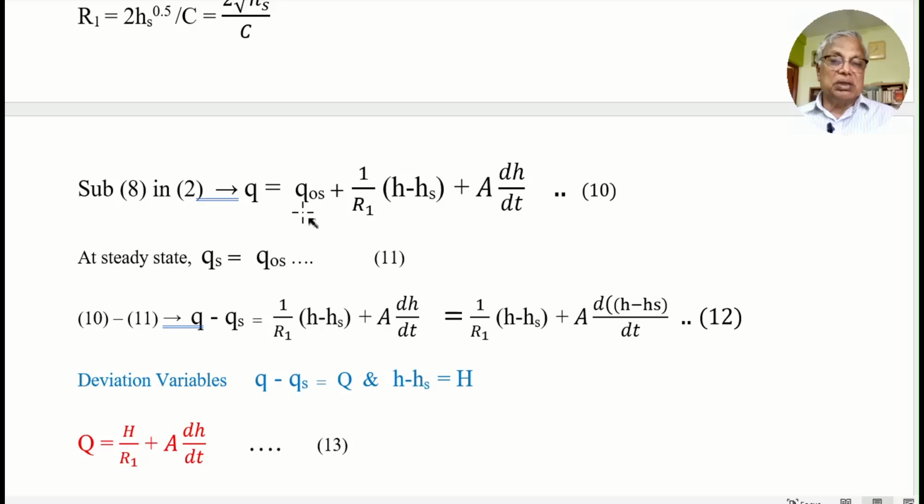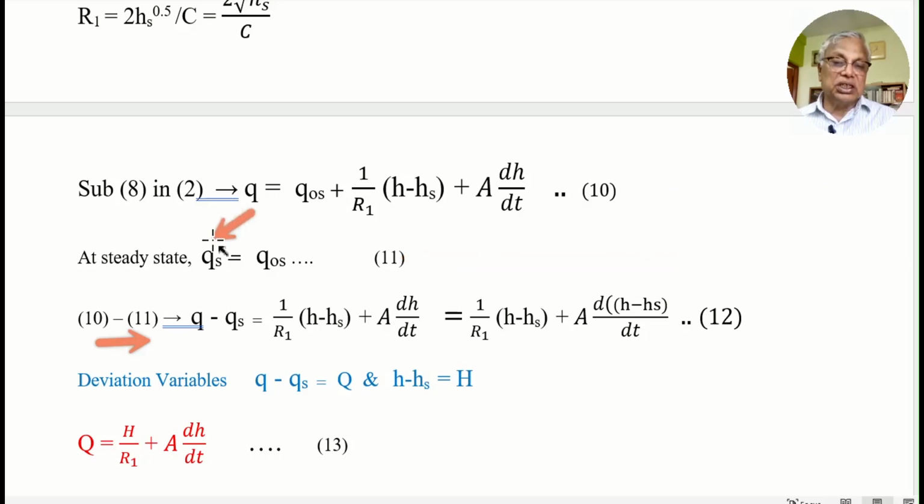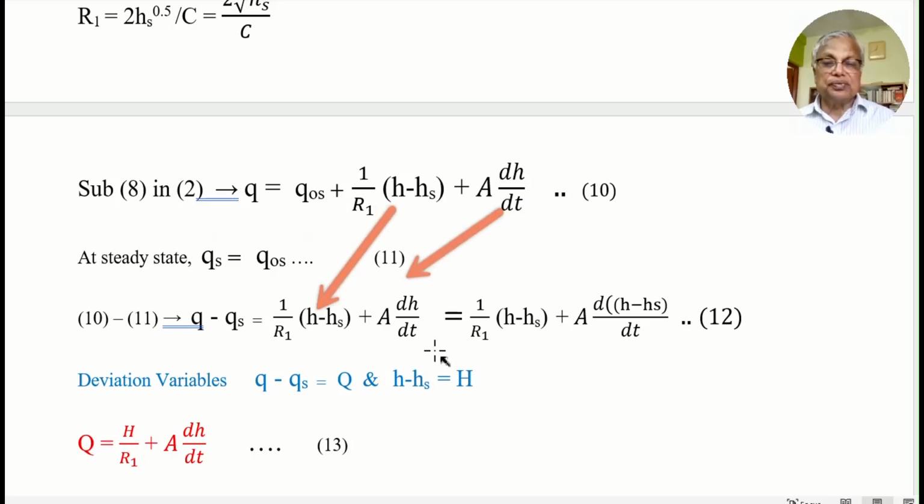So 10 minus 11, unsteady state equation minus steady state equation. That gives me Q minus Qs on the left hand side, and on the right hand side Q naught s cancels. So you have this and you have this. Now dH, I'm going to replace as d of H minus Hs, because Hs anyway is a constant.